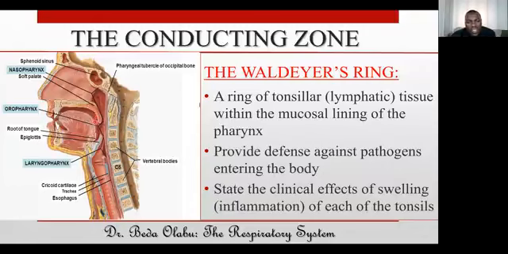All right, the last component of the Waldeyer's ring is located on the dorsum of the tongue here. We call them lingual tonsils. You can consider that as one group in the middle. Nothing much about its clinical entity.